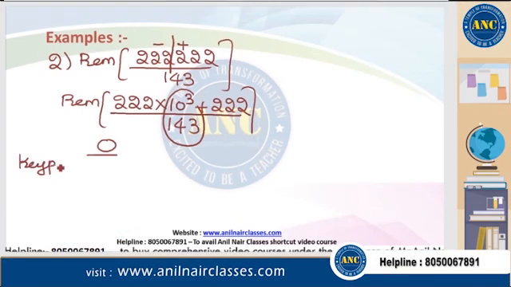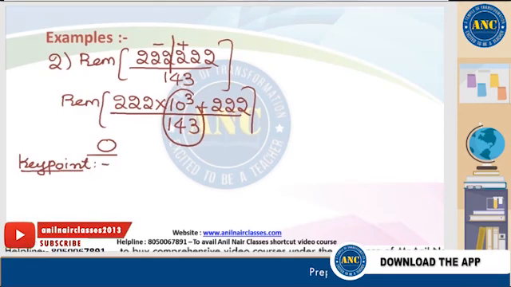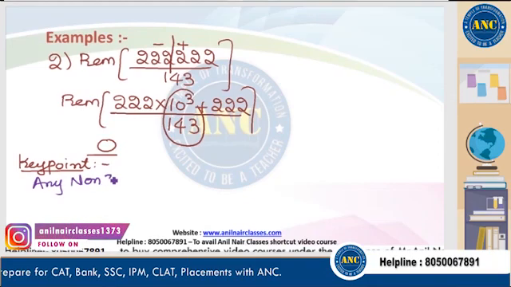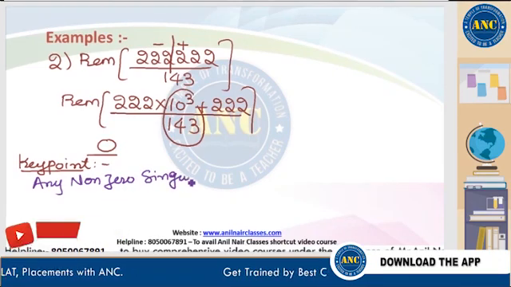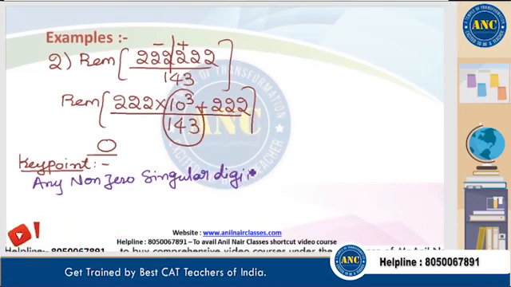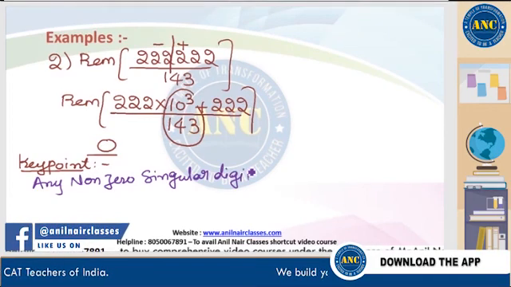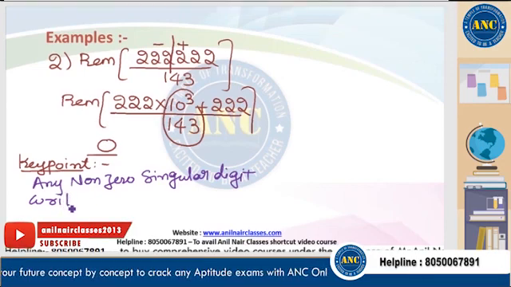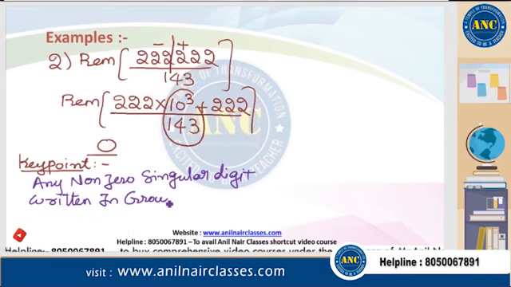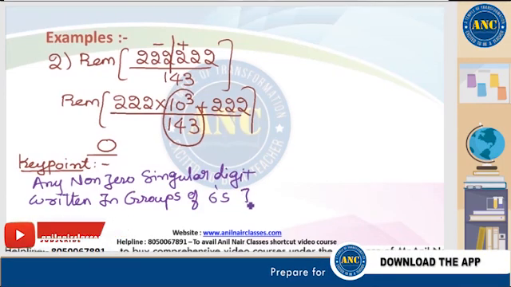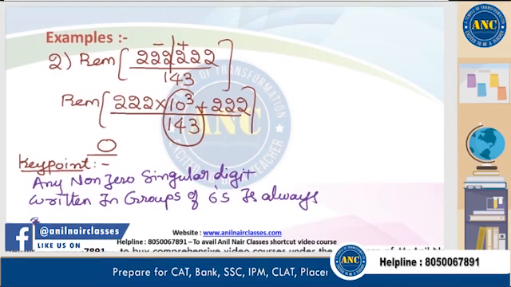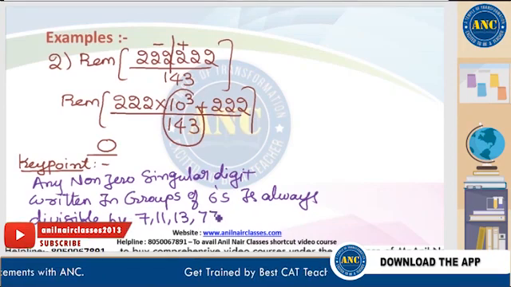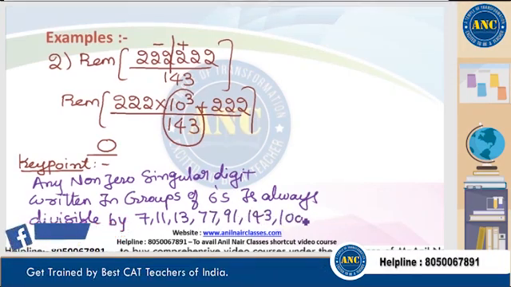Another important key point: any non-zero single digit written in groups of 6 is always divisible by 7, 11, 13, 77, 91, 143 and 1001.